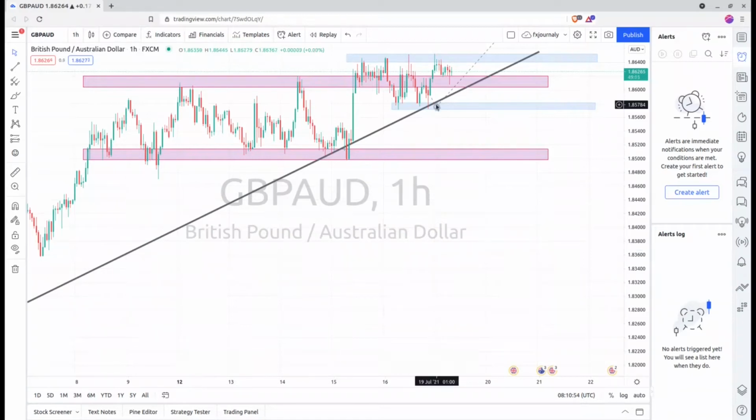So, because of how things seem to converge right here, I was very confident that price was going to try to come down and test this area, validating this area as a true support area, and then it was going to reject and continue upwards to the resistance zone.